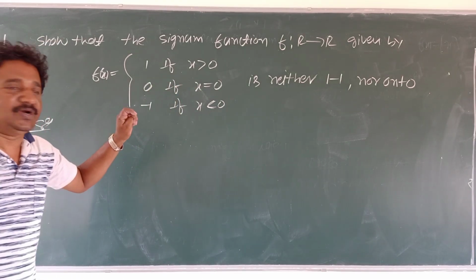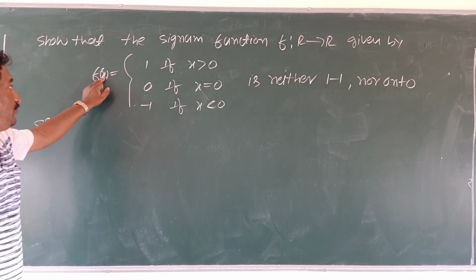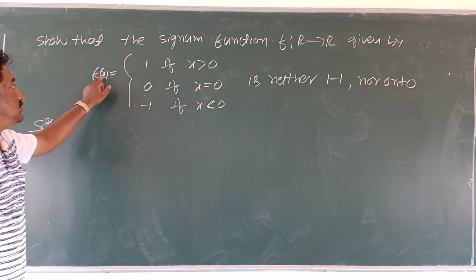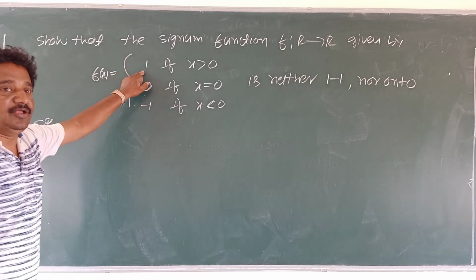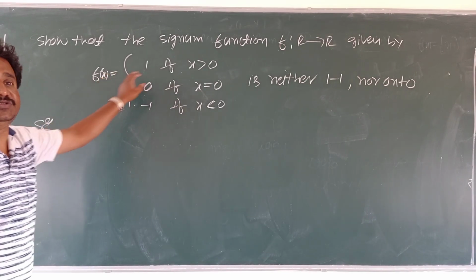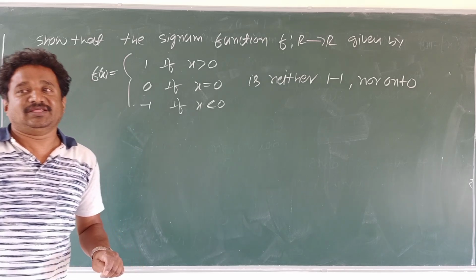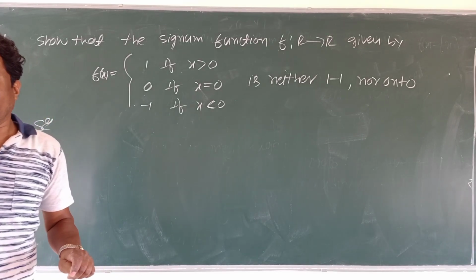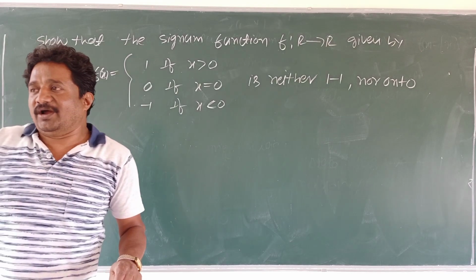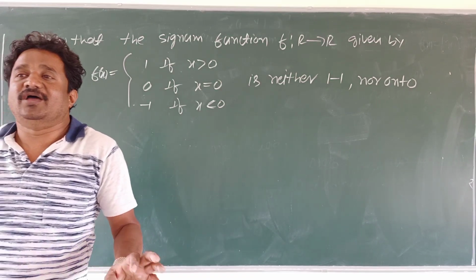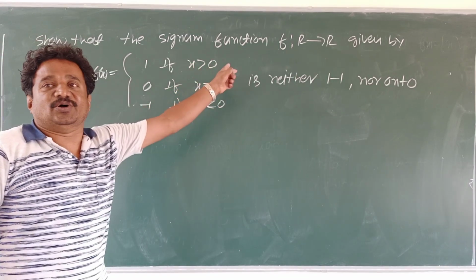Look at this, students. For f(x), you should take 1 for all x values which are greater than 0. Tell me x values greater than 0: 0.1, 0.2, 1, 1.1, 2, 2.1, root 2, root 3. They are all greater than 0.